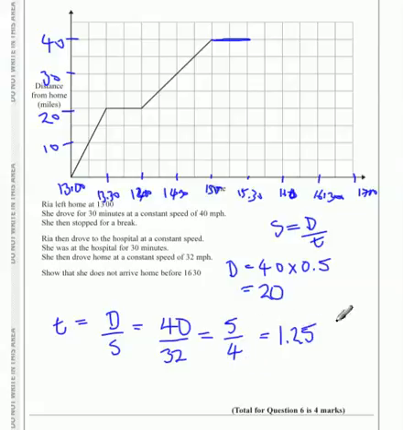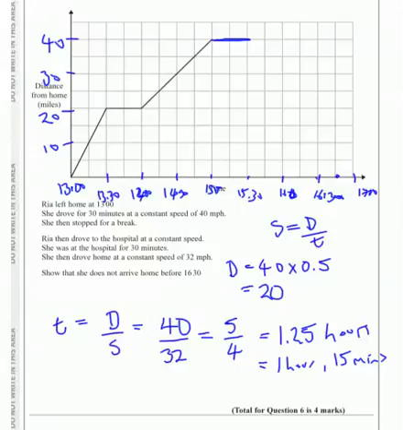So it takes her 1 1/4 hours to drive home, or in hours and minutes, that is going to be 1 hour and 15 minutes. So putting that in on our graph, 1 hour would take us to 4:30. Extra 15 minutes there is going to be 4:45.